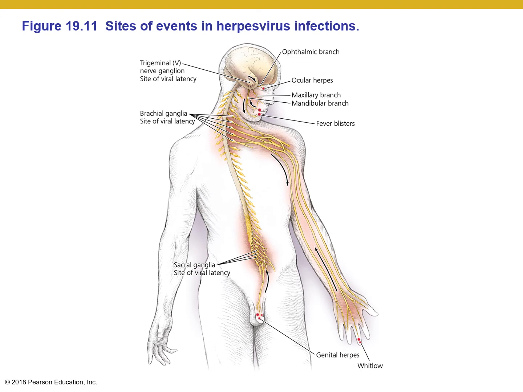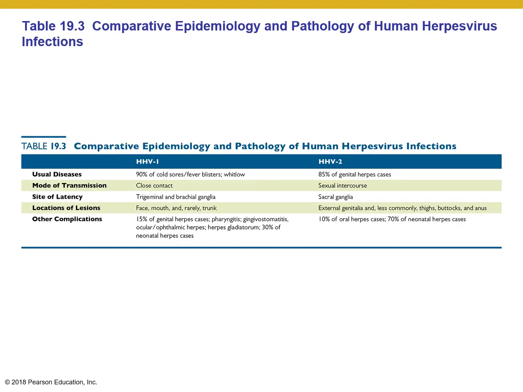What's going to cause this virus to be expressed? Usually stress. We get stressed out. You've probably noticed if you have canker sores in your mouth or fever blisters, you start to get stressed out, or maybe you get one or the other before you get another viral infection.